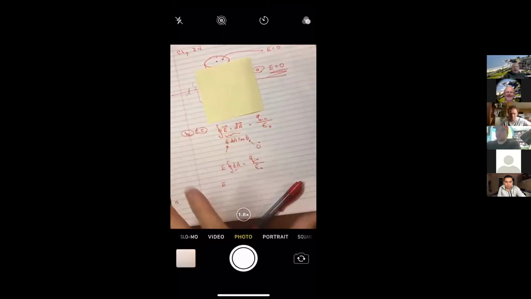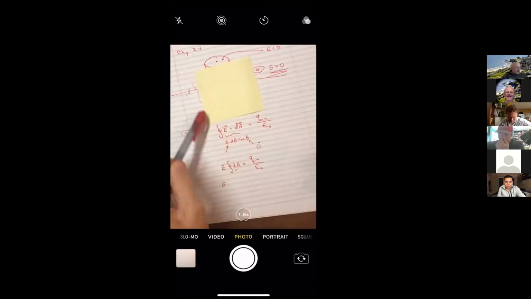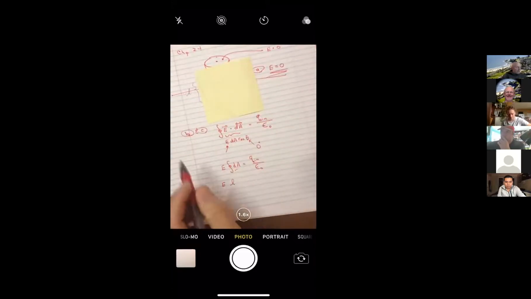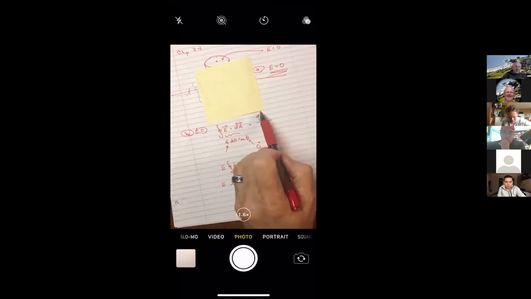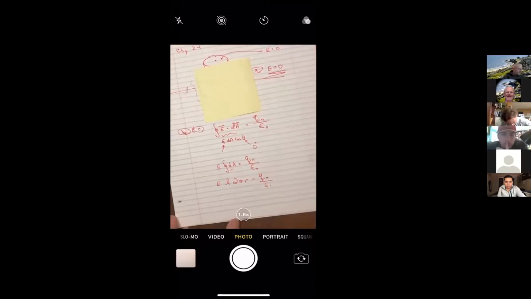How would I get the area of that sticky note? It would be its length, so there's the L, and its width, which is the circumference when it was rolled up, so that would be the 2 pi r. That's the surface area of a cylinder.